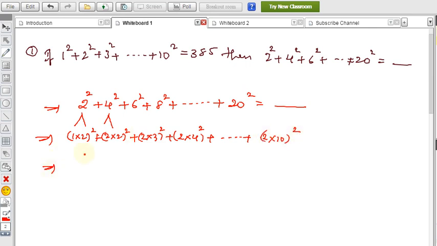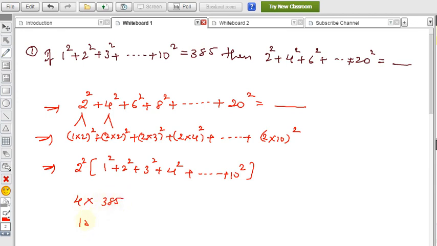Now you separate the squares. If you take 2 square common, from the first part it is 2 square times 1 square plus 2 square plus 3 square plus 4 square, because 2 into 4, right, plus so on, plus 10 square. So 2 square is 4, and this value is given as 385, that is 1540.